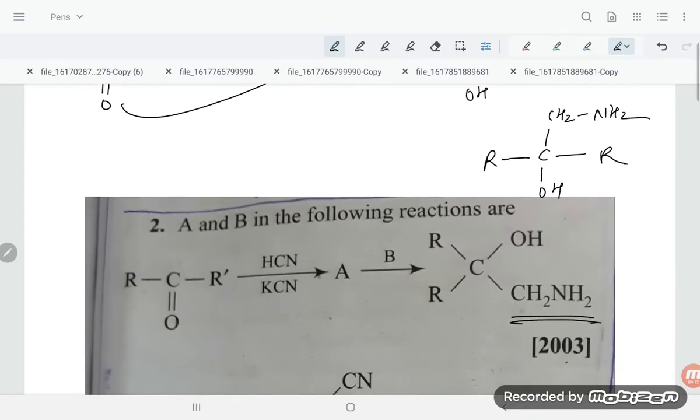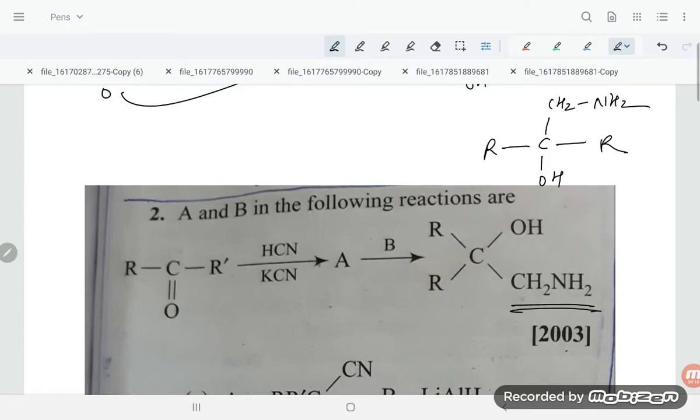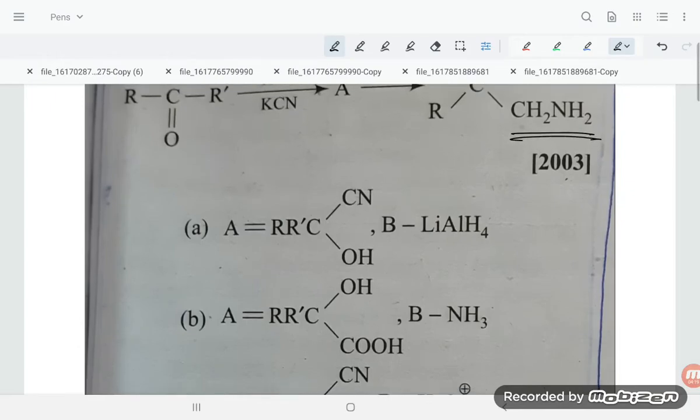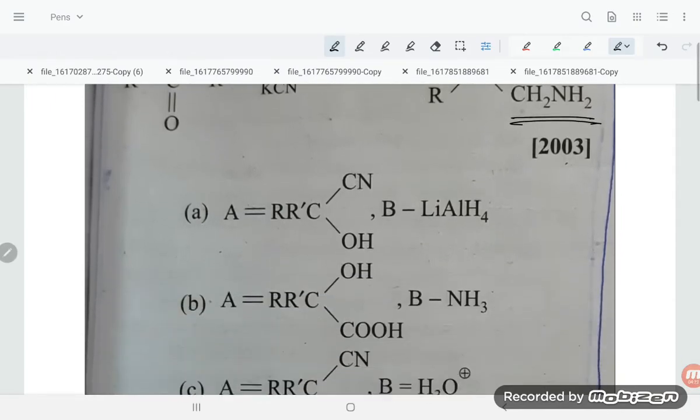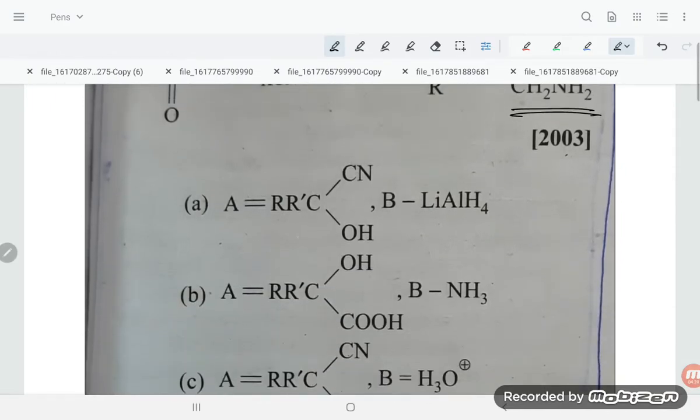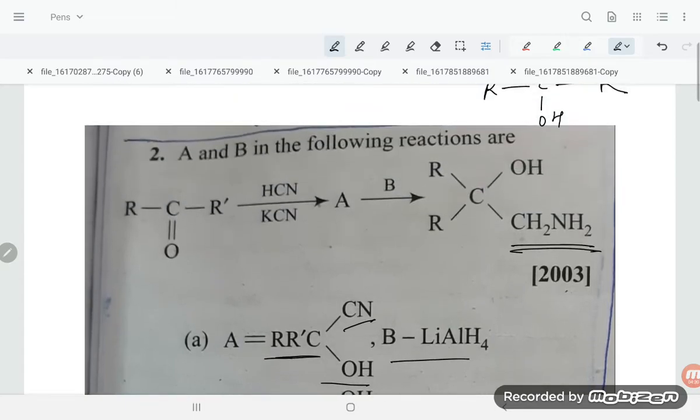So you can see the product is R R OH CH2 NH2. Here it is R R CN OH, and B is LiAlH4.